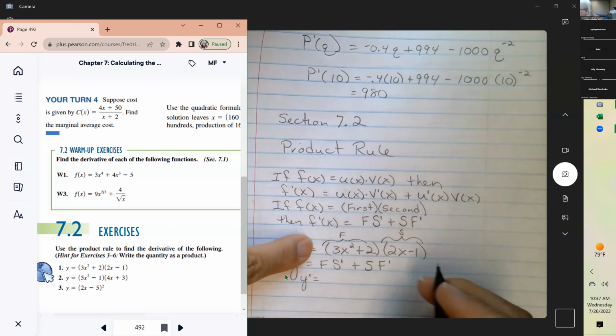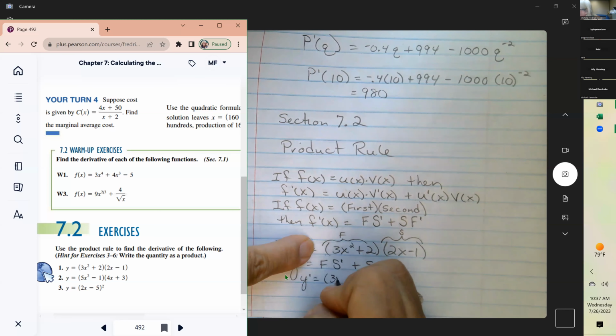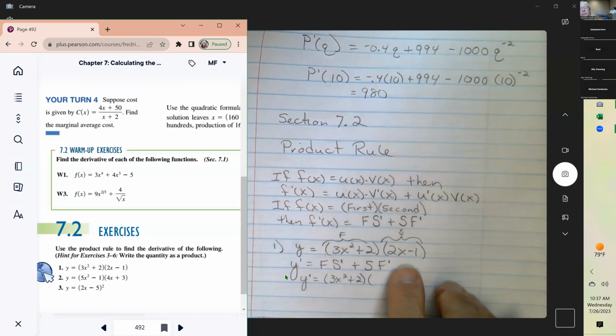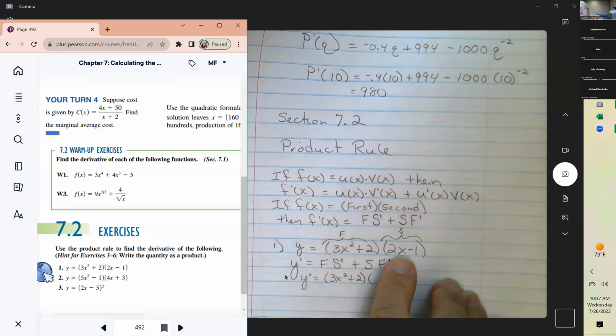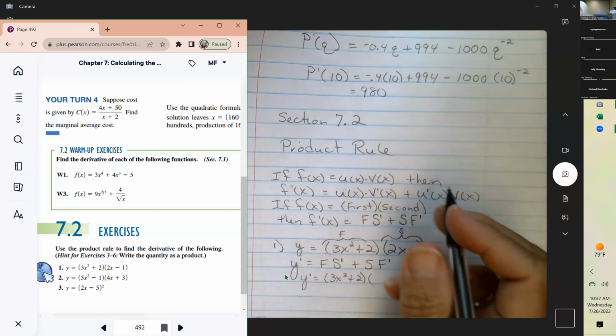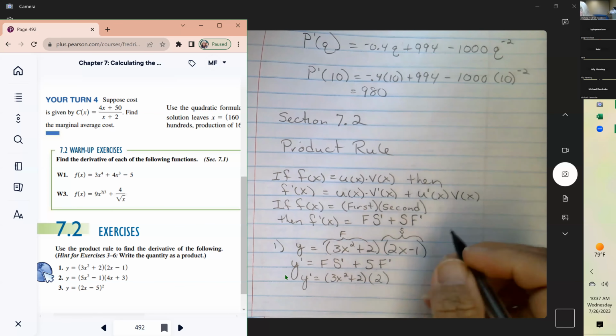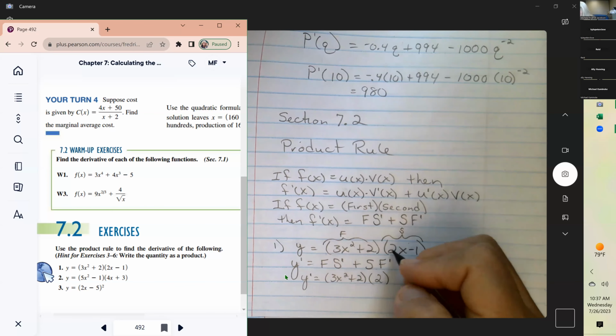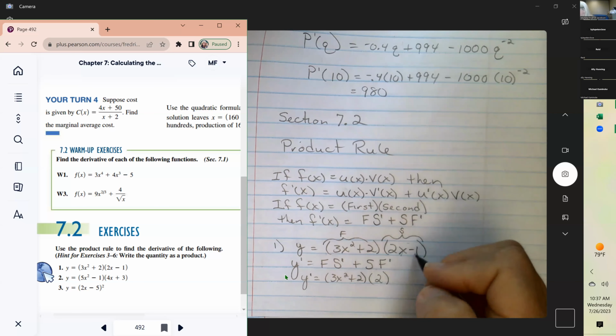Write the first, 3x squared plus 2, times the derivative of the second. What's the derivative of 2x minus 1? Should get 2. So you want to be able to do these quickly, but the derivative of 2x minus 1 is just 2. This is a 1. 1 times 2 is 2. X to the 0 drops out, and the constant is 0.